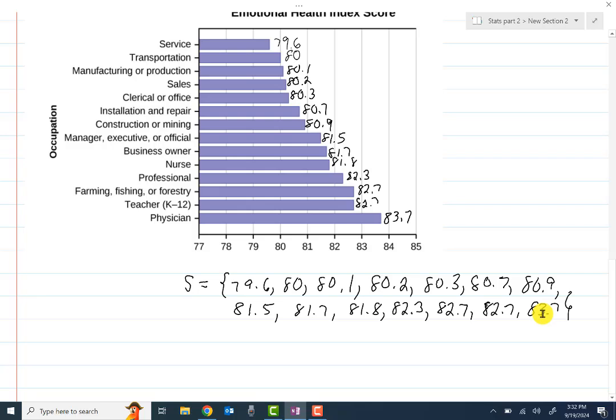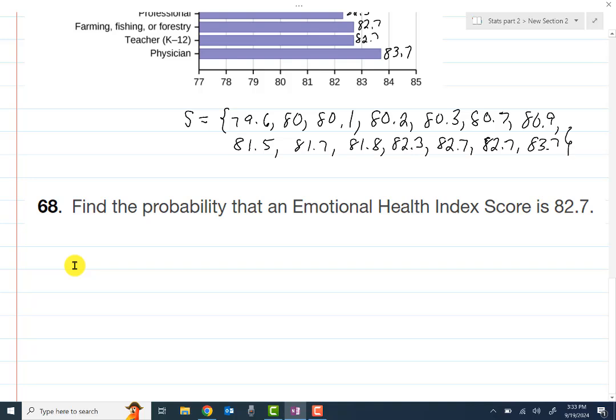Now I'm going to bring in the questions from the homework. The first problem is the probability that an emotional health index score is 87. So what I'm going to do is allow the emotional health index score, I'm going to call it by the letter E. So when I write this more mathematically, I'm actually asking you this: what is the probability that E equals 82.7?